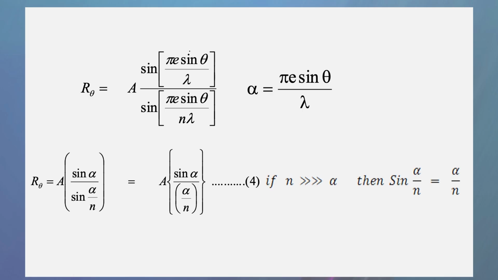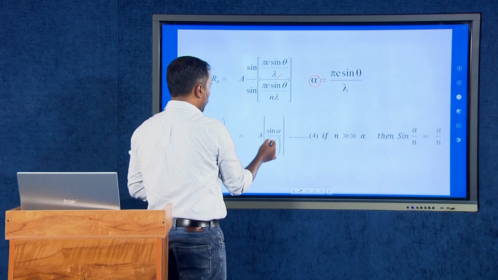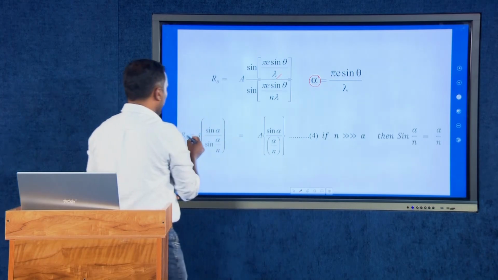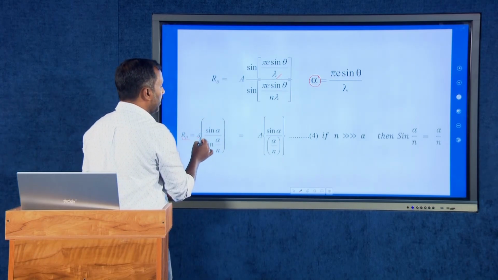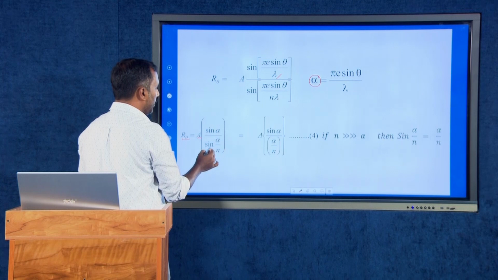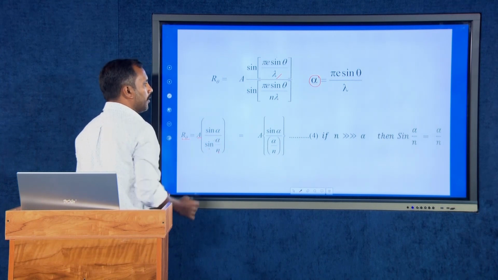Yes, this was the formula we have derived, and pi e sin theta divided by lambda I am substituting as alpha. So I can write this formula as R theta is equal to a into sin alpha divided by sin alpha by n.